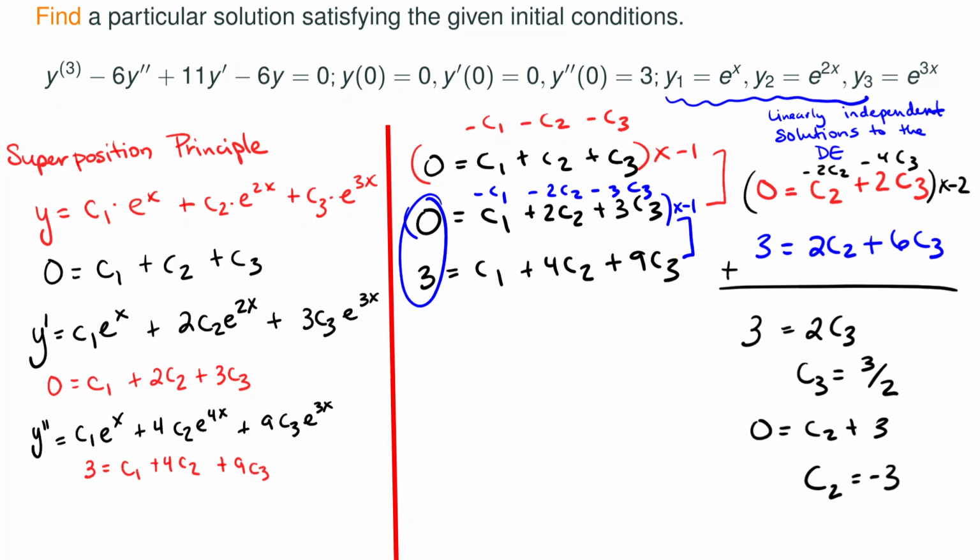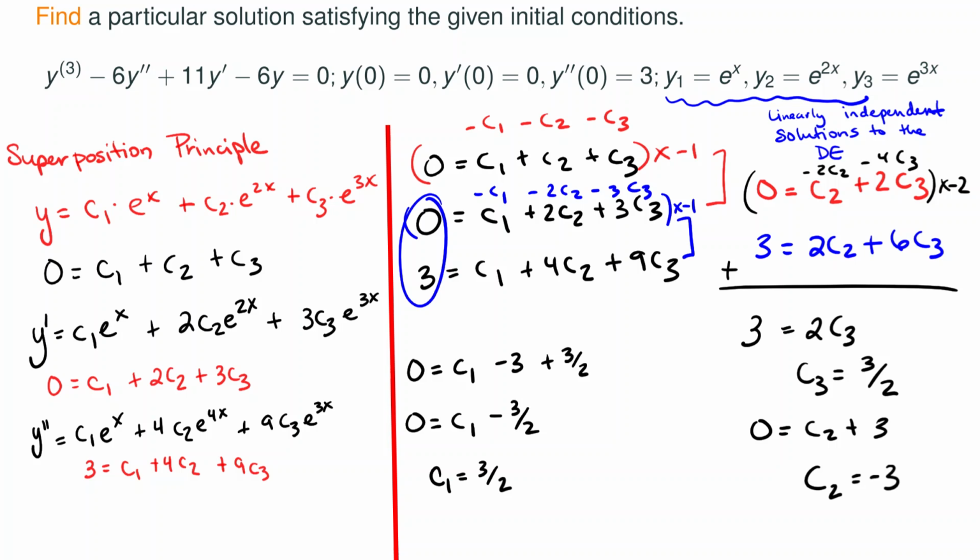And now let's go back to our first equation to find what C1 is equal to. 0 equals C1 minus 3 plus 3/2. 0 equals C1 minus 3/2. When you combine -3 and a positive 3/2, you get -3/2. That tells us C1 also equals 3/2.